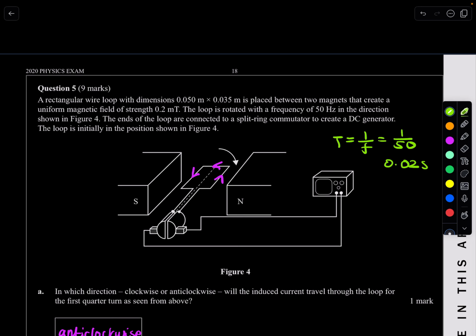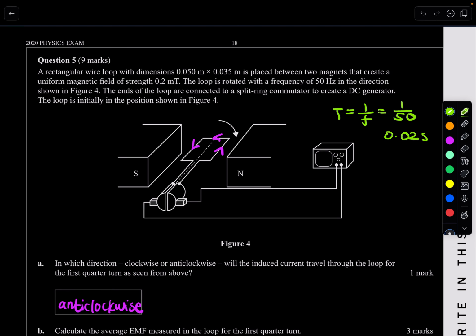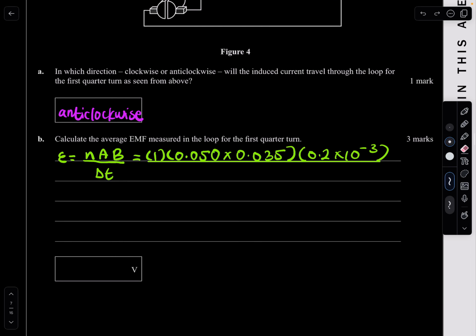Period is how long it takes for a full rotation of the loop. But we only want a quarter turn, so we divide by 4, which gives the time for a quarter rotation, which is 0.005 seconds.